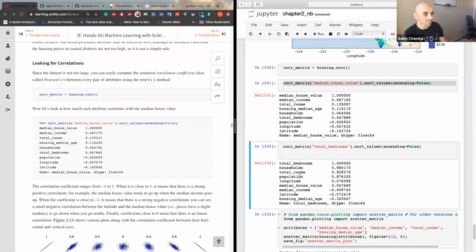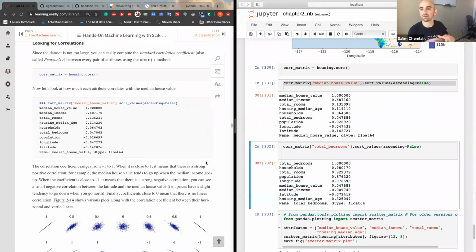The population and the households, and look how all these four are really in a way correlated, but then the rest is not correlated at all, which is good. That signifies that we have some very different features that we can use. So that's what we're looking for when we look at our data.